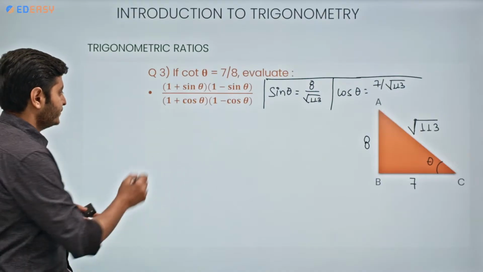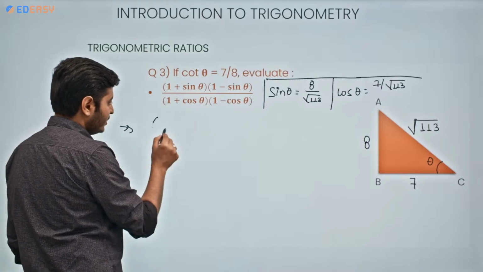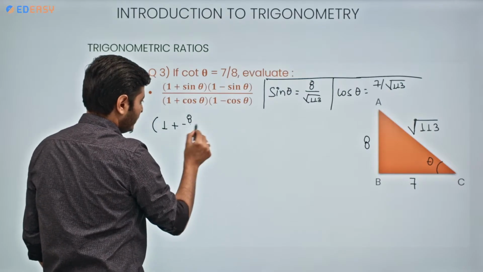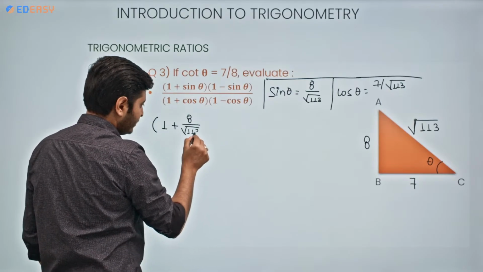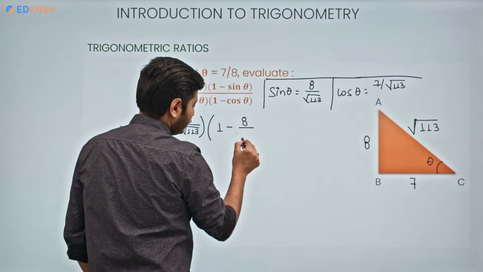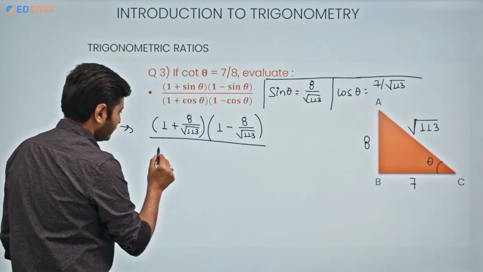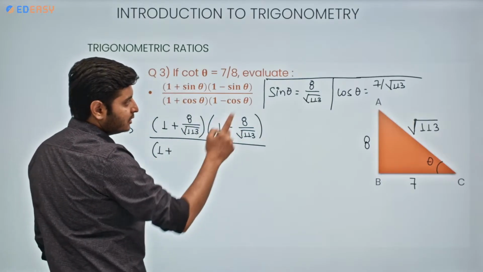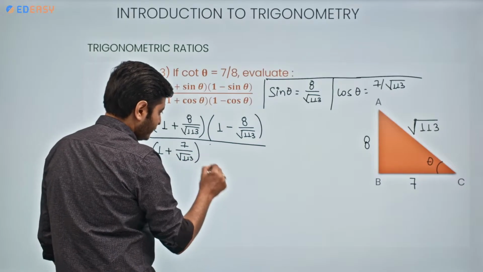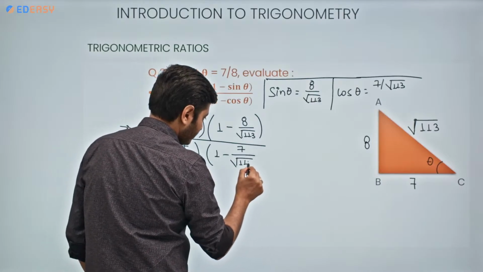Correct? Now, put the values in the given expression. So the expression will become 1 plus, in place of sine theta, 8 by root 113, into 1 minus 8 by root 113, divided by, in brackets, 1 plus 7 by root 113 and 1 minus 7 by root 113.